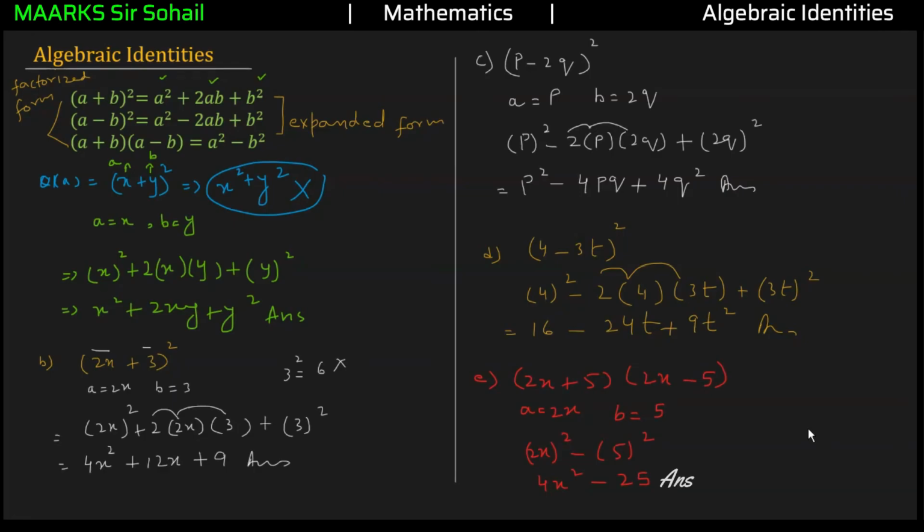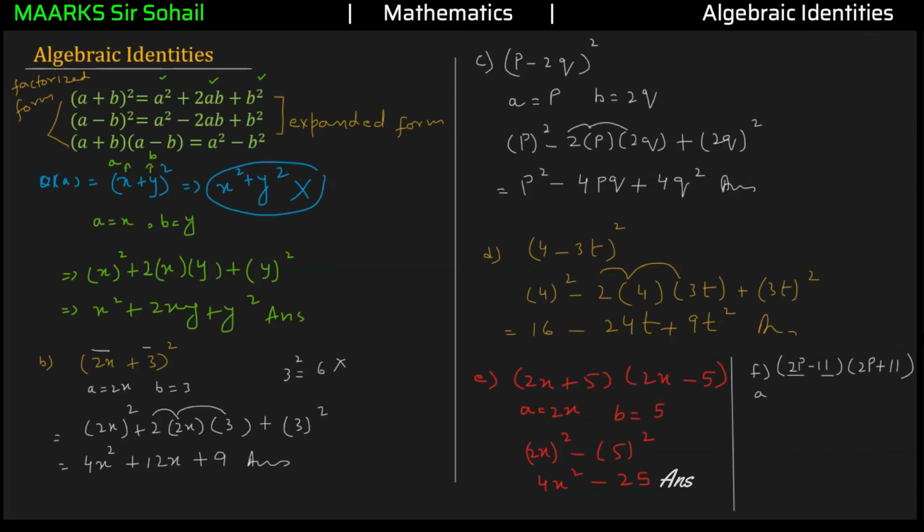I'll give you one more example so you have a better understanding of all these questions. Okay, if I have a question 2p minus 11 and 2p plus 11. So again, this is my a value and this is my b value.